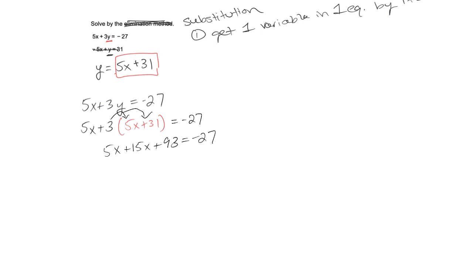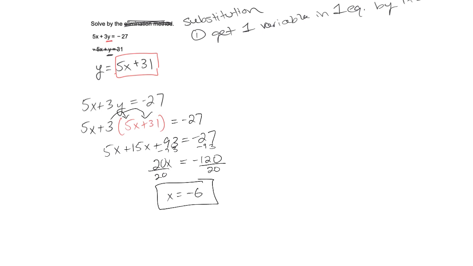Okay, now we can put these x's together, and we can also subtract 93 from both sides. So we get 20x is equal to -120. And then we have to divide both sides by 20 to get our x.